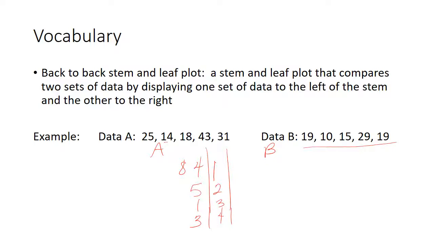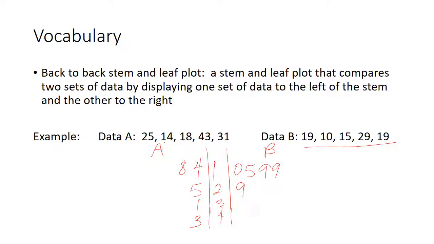So you're going to read the numbers backward in a back-to-back stem and leaf plot. I don't know why I keep calling it the wrong name. Then on this side we have a 10, a 15, a 19, a 19, and a 29. And we don't have any other data, so we're going to leave the 30 and the 40 blank.